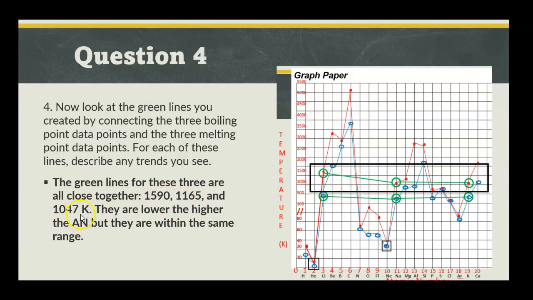They are lower the higher the atomic number, but they're all within the same range. So they kind of trend downwards. Not a lot. They're very close together. But the higher the atomic number, the actual melting point drops. Just a little, but it's lower. So that's what we see on number 4.